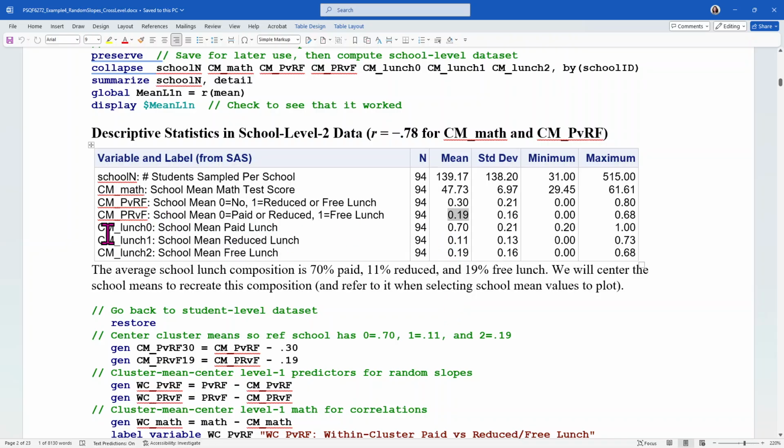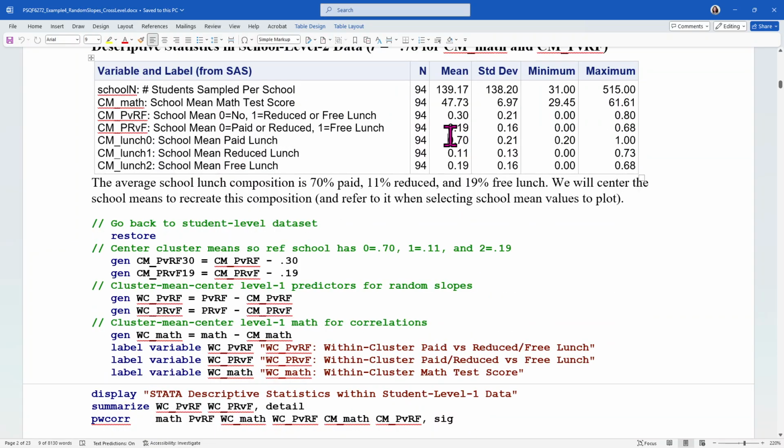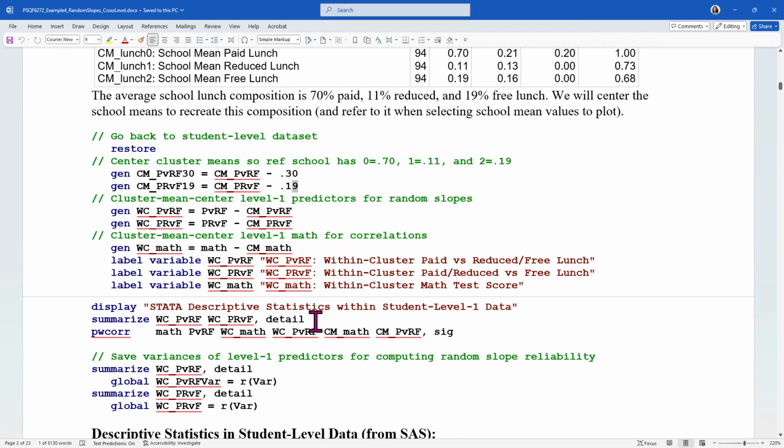And each of these is just an indicator variable, so I could make sure that my coding was working correctly. So these are the proportions in this little box here that represent our reference school in terms of composition. So I'm centering my new cluster mean predictors such that 70% of the students would get paid lunch, 11% get reduced, and then 19% get free. So that's what these comments here are meant to indicate, that's why I picked those numbers. I picked the ones that are the mean. That's a reasonable thing to do.